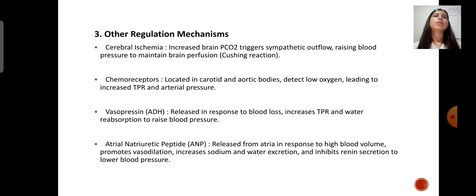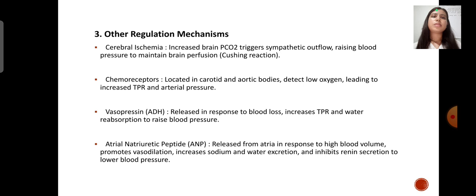Then other regulation mechanisms are cerebral ischemia, which is increased brain carbon dioxide, which is triggering the sympathetic outflow, raising the blood pressure to maintain blood perfusion, which is basically the Cushing's reaction, and chemoreceptors, which are located in the carotid and aortic bodies, detect the low oxygen, leading to increased TPR and also arterial pressure.